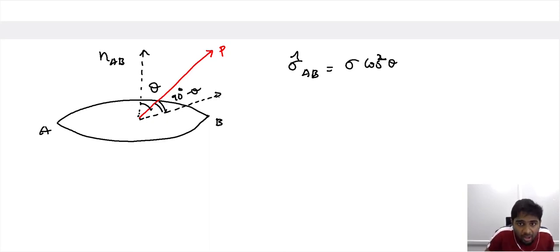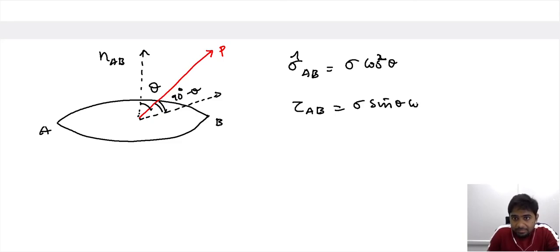So only along this direction we have the shear stress experienced by, in a three-dimensional setup, the region of interest AB, which would be sigma sine theta cos theta.